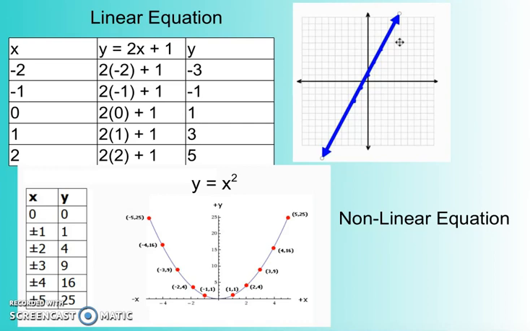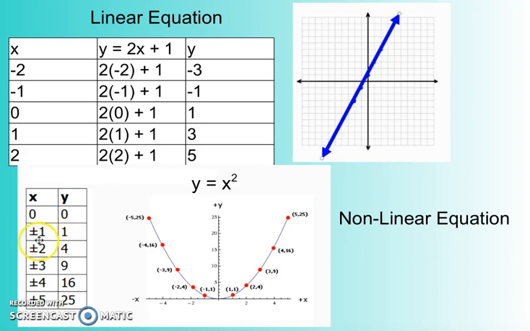Now the straight line can be diagonal, it can be horizontal, it can be vertical, as long as it's straight. Okay? Now look at this example down here. This is an example of a non-linear equation because these numbers were plugged in: 0, +1, -1, +2, -2, +3, -3, etc. These were all plugged in, and these are the answers that came out, or the outputs that came out.